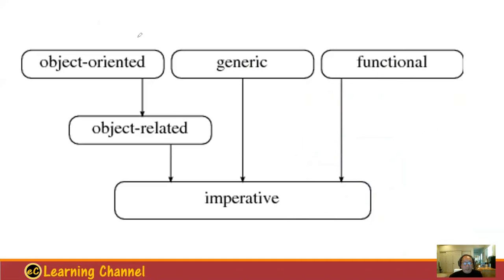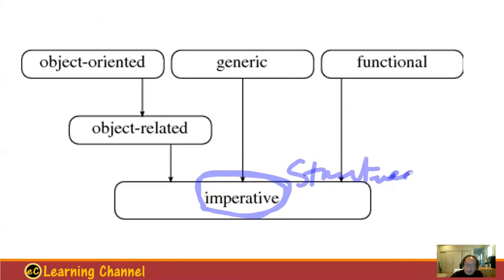So here I will explain what is the relationship of these. The basic one is imperative programming. It's just statement by statement. So it's also called structured programming. So you have the loop, you have the function, you have the if statement, those kinds of things, but you don't have object.